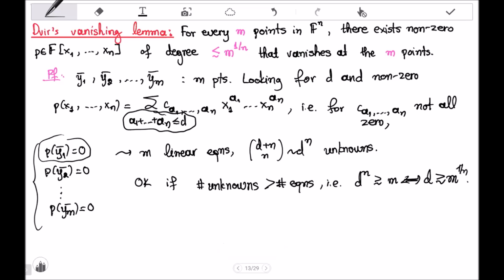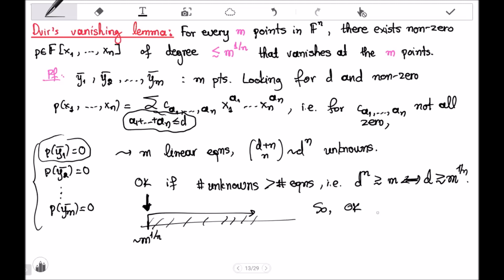So what does this mean? It means that there is this threshold, which is about m to the 1 over n, and for any number d we choose that's above that threshold, we are okay. So we'll just pick the lowest d we can, about m to the 1 over n.